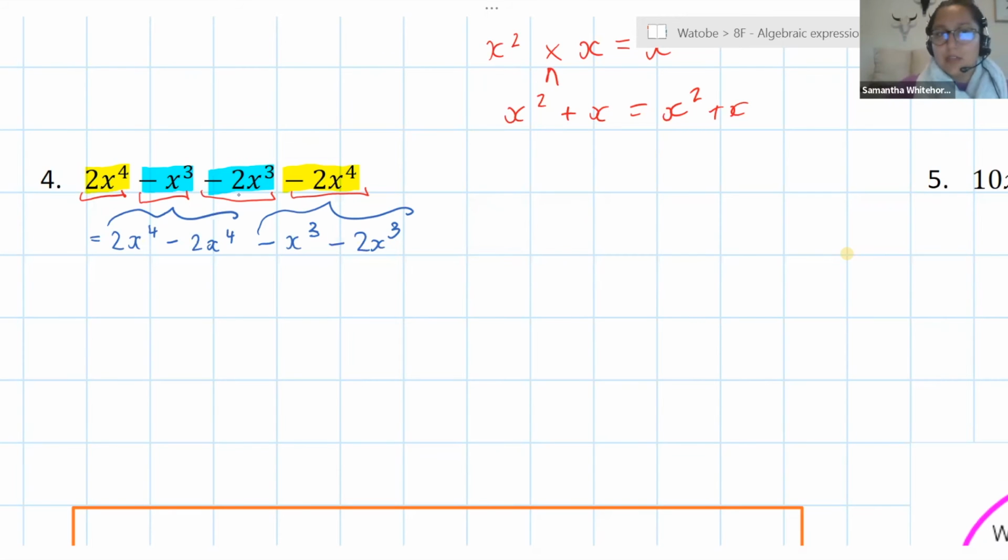So 2x to the power 4 minus 2x to the power 4. Now let's just think about this carefully. If we are going to subtract the same thing, so if I had 3 minus 3 or 5 minus 5, what happens when I subtract something from itself? What answer do I get?